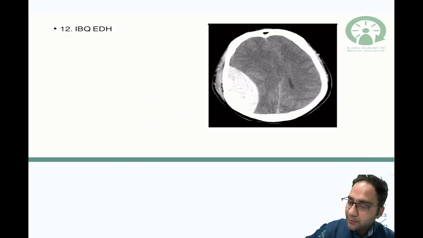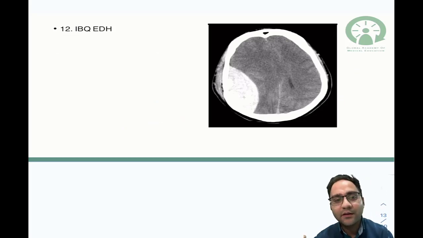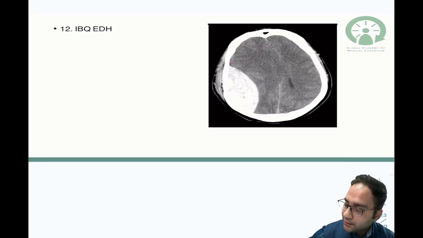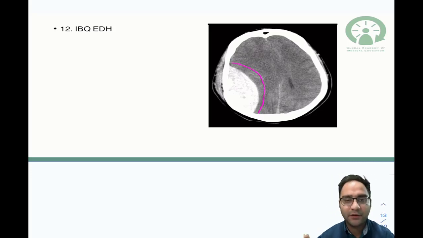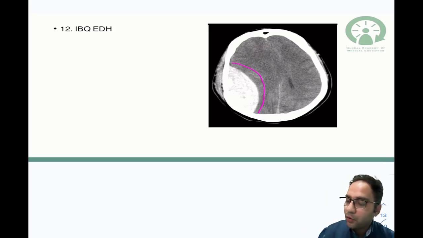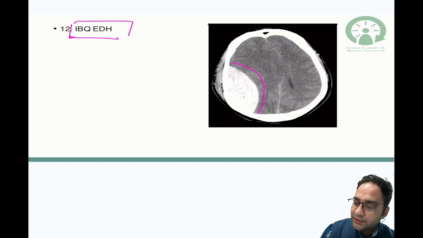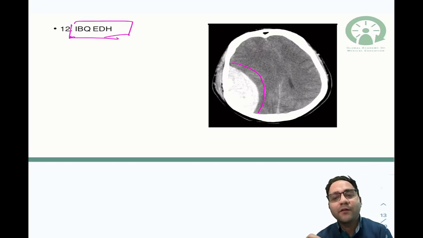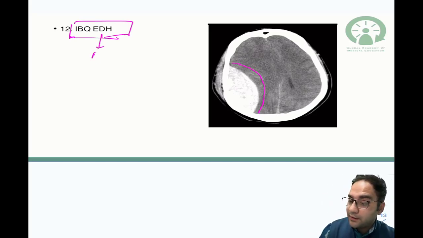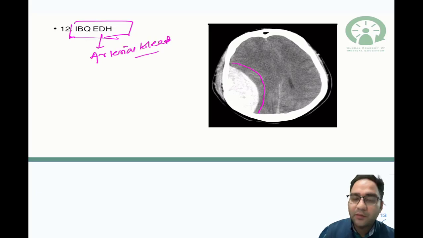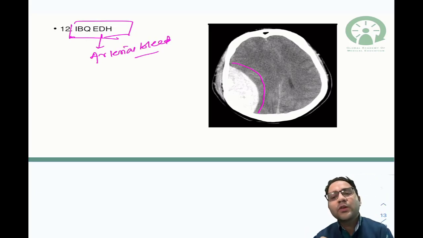Now, this image-based question was given where you have to answer what it is. As you can see, there is a convex shaped hyperdensity. A convex shaped hyperdensity always goes in favor of EDH, and there is an arterial bleed in EDH. This was one of the questions that was asked in EMISET also.